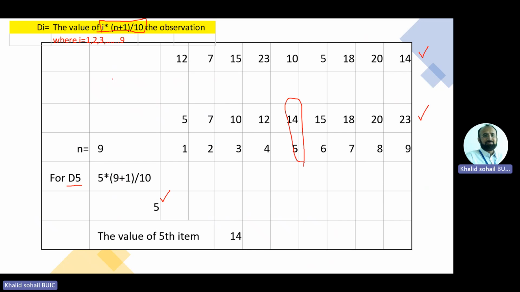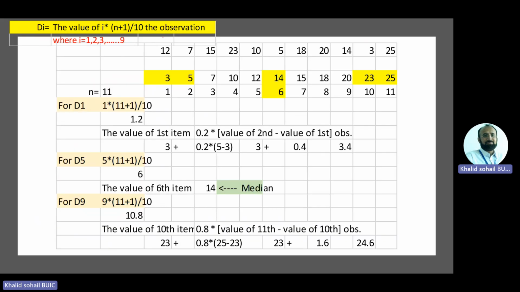If you want to calculate the first decile, second decile, or ninth decile, you can use this formula that I have highlighted. Now, we have another data set where we have 11 values. Again, sort the data, and you can do your calculation that I have explained already. For example, we are interested in calculating the 90th decile.